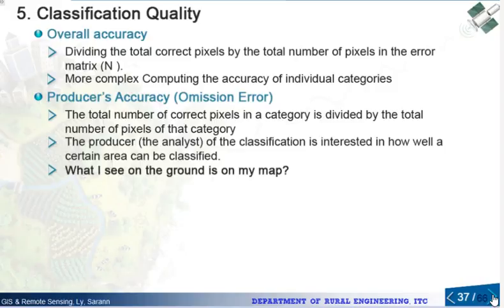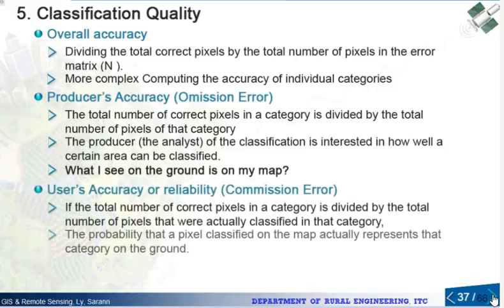If the total number of correct pixels in a category is divided by the total number of pixels that were actually classified in that category, the result is a measure of commission error. The measure called the user accuracy, or reliability, is the probability that a pixel classified on the map actually represents that category on the ground.